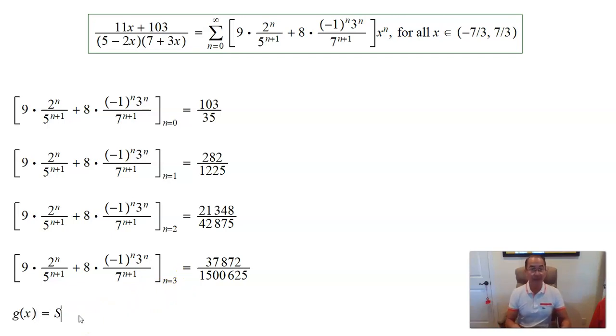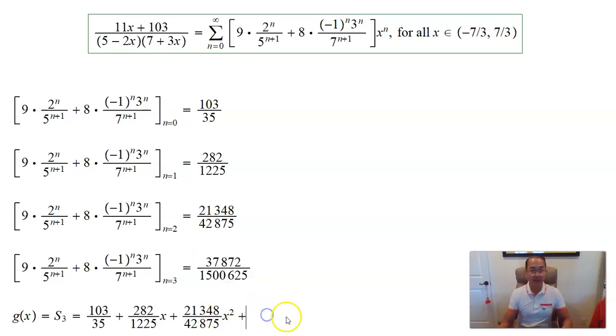This is basically our S3, in keeping with our convention for partial sums for power series, that 3 means the highest power of x. So this is C0 plus C1 x to the 1, plus C2 x squared, and then C3 x cubed.